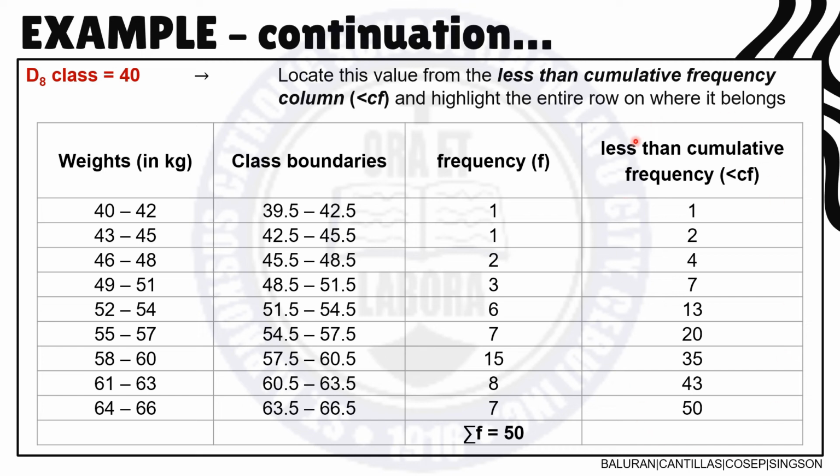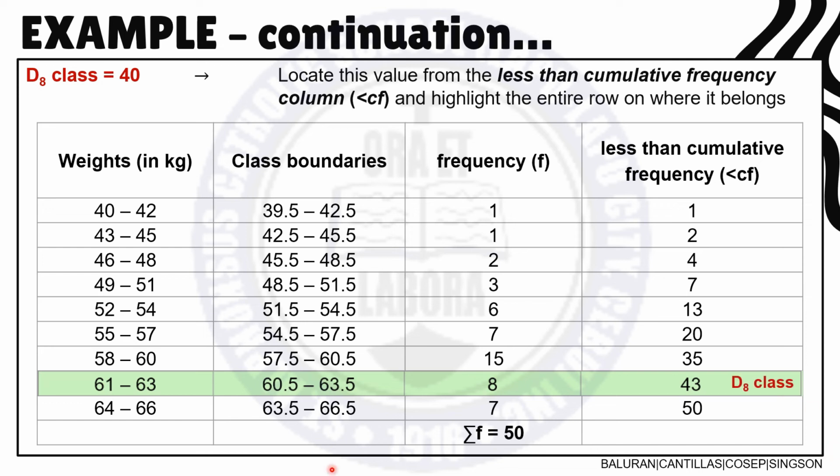So we have student 1, we have student 2, followed by students 3 to 4, students 5 to 7, students 8 to 13, students 14 to 20, students 21 to 35, students 36 to 43, and students 44 to 50. So where do we locate 40? 40 is under 43. So we will highlight this entire row and label as D8 class.